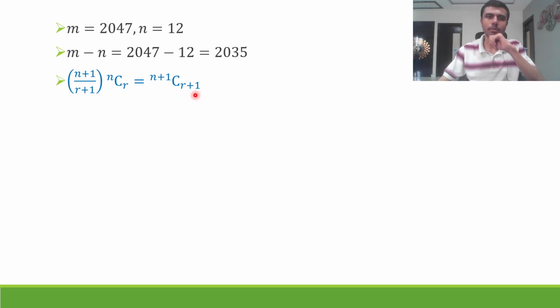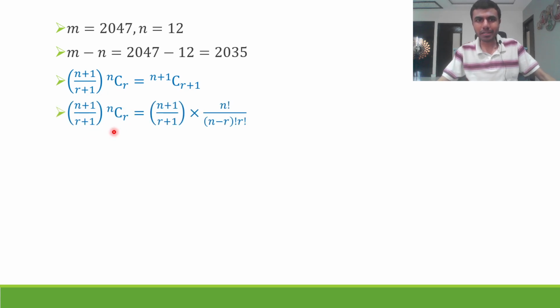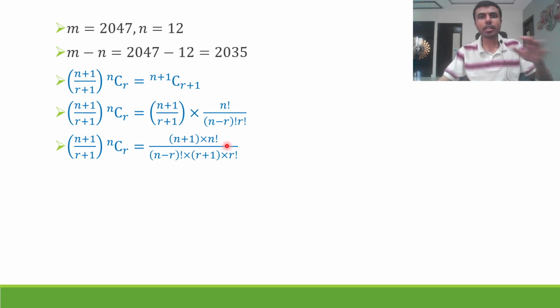This formula is very useful. Now how does this happen? Let me just take the LHS. nCr is n factorial by (n minus r) factorial into r factorial, right? Now n plus 1 is multiplied with n factorial, and r plus 1 is multiplied with r factorial.